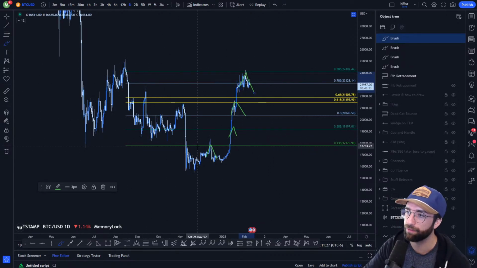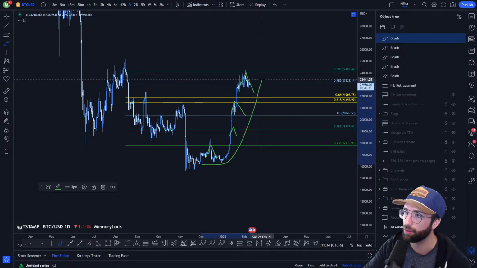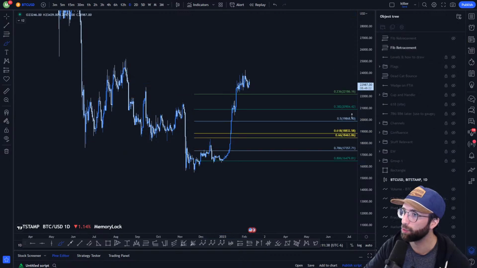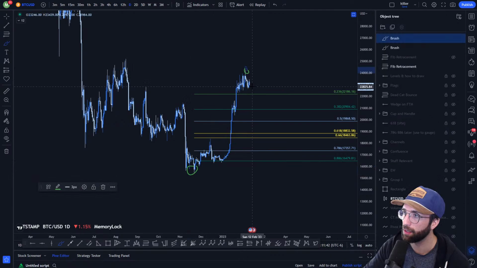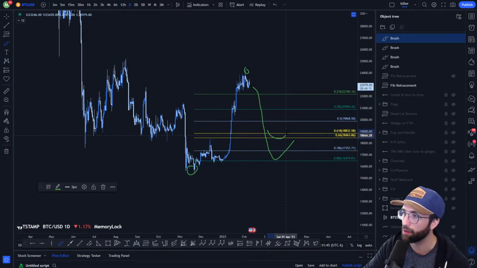So drawing from left to right, if you go from a swing high to a swing low, this gives you potential resistance zones on the way up. If you draw from a swing low to a swing high, left to right, these will give you potential areas of support.